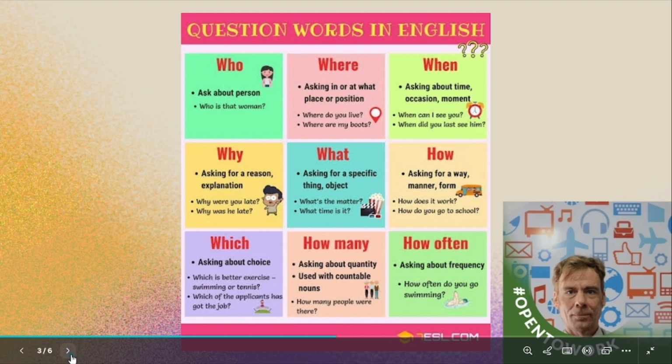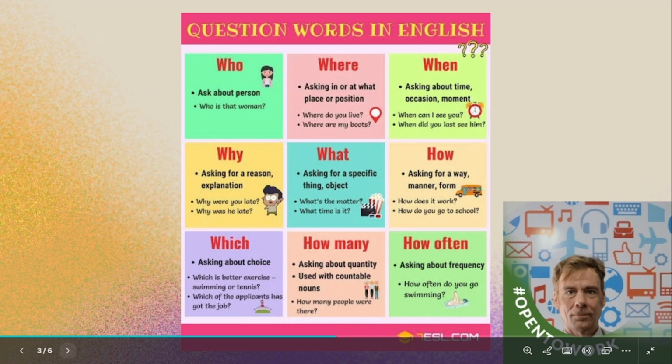What are your question words? We have the 5 W's and the H. We have who for people, where for places, when for time, why for asking for a reason or an explanation, what for asking for a specific thing or object, and how for asking for a way, manner, or form.